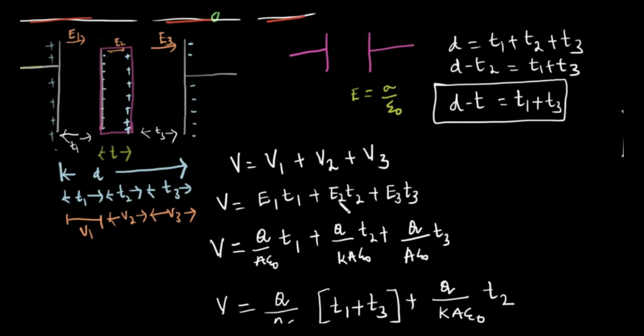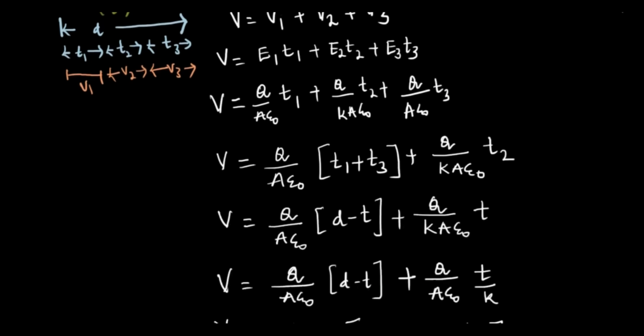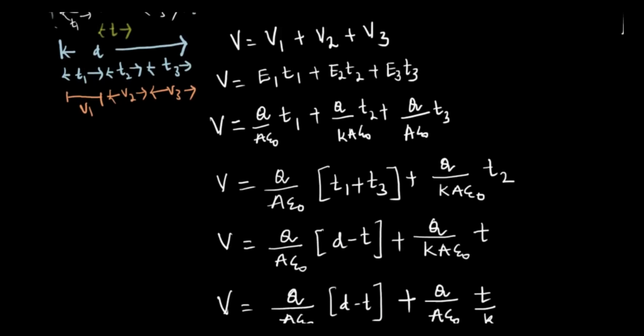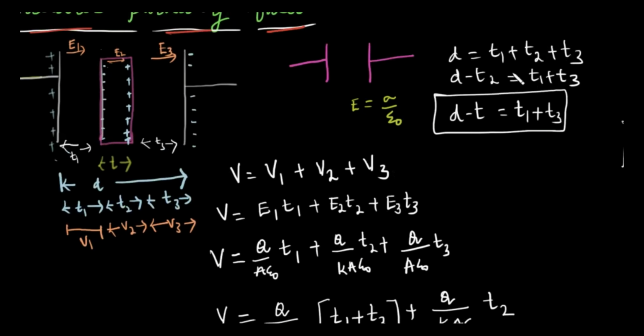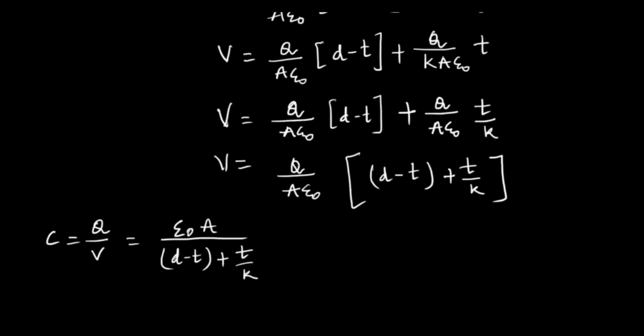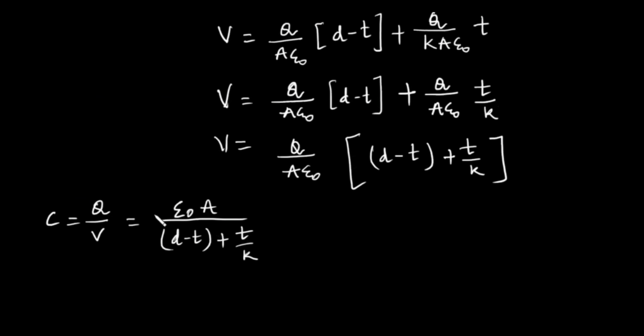Here e2 is equal to q by k a epsilon naught, because that's the net electric field in the dielectric. We substituted t1 plus t3 is equal to d minus t using the figure, then calculated capacitance c is equal to epsilon naught a by d minus t plus t by k, where t is the thickness of the dielectric.